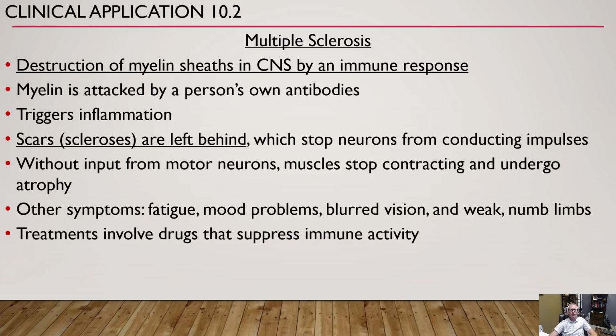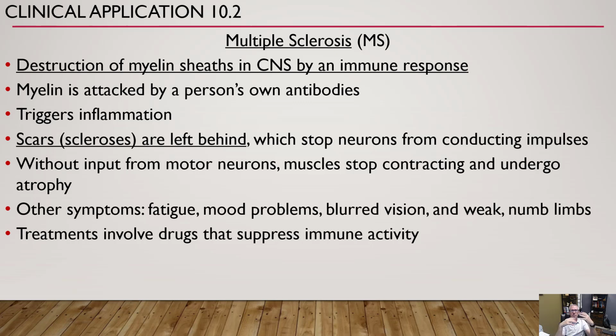All right, multiple sclerosis, which we abbreviate as MS. Basically, this is a destruction of the myelin sheath in the central nervous system, so not peripheral, but central, by an immune response. Remember, an autoimmune disease is where the body attacks itself with its own antibodies, and it's an inflammatory response.